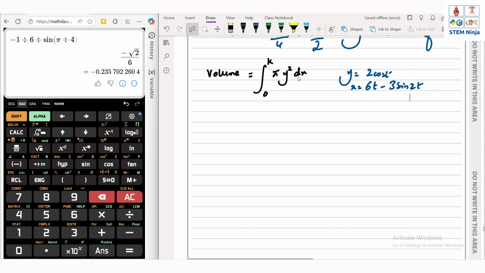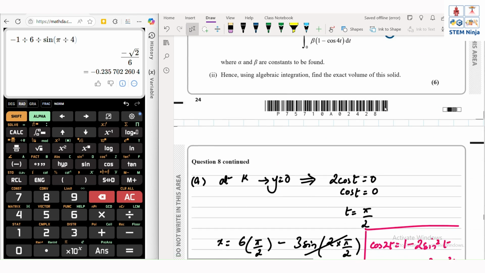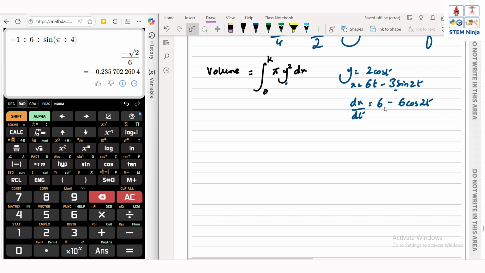Right, okay. So y is in terms of t, so dx has to be in terms of t also. We found dx over dt above, so this is 6 minus 6 cos 2t. So y squared makes it 2 cos squared t.